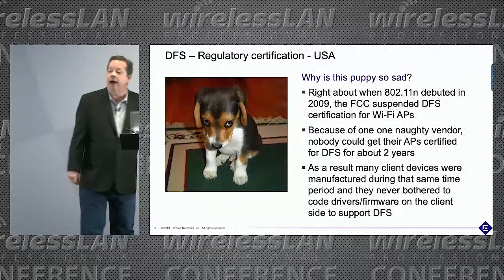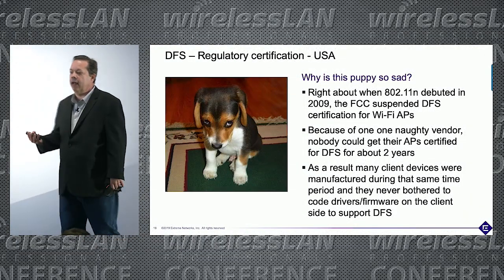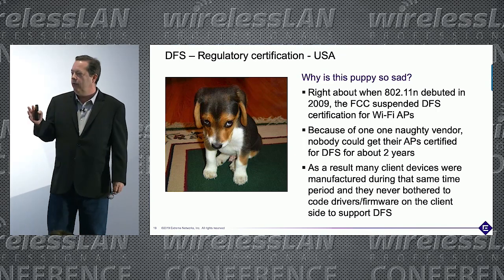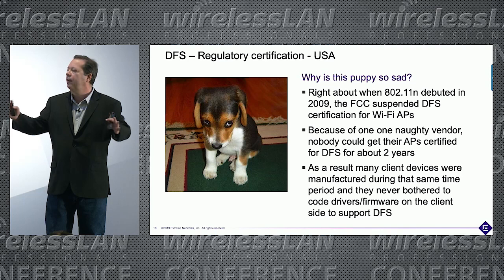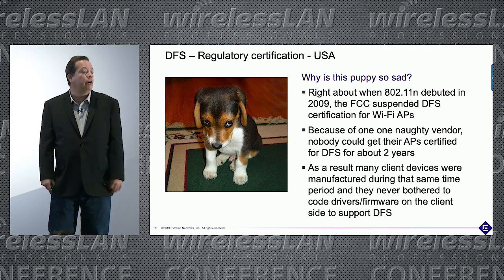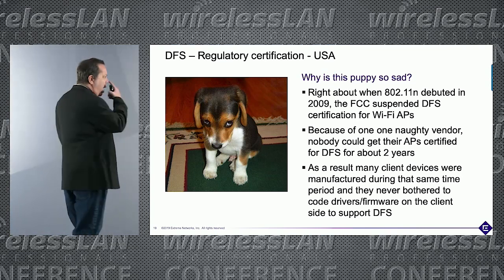Now, it eventually sorted itself out, and the FCC said, okay, we took another look at it. And by the way, they're always changing these rules, not just for DFS, but everything. They restarted DFS certification about 2 years later. Why is that important?